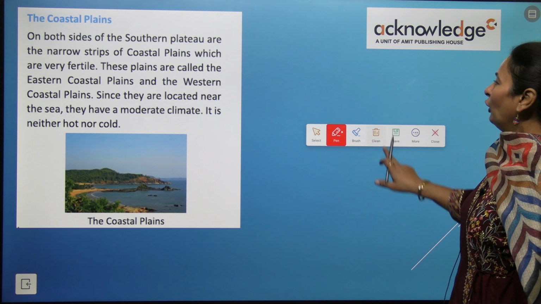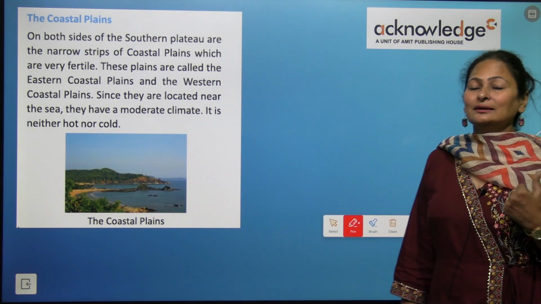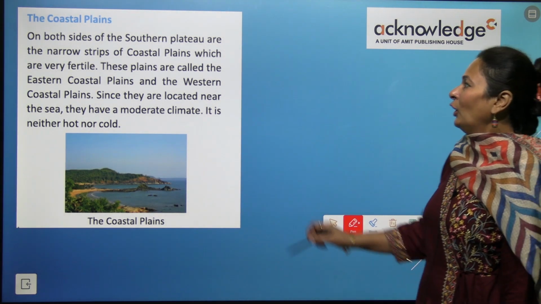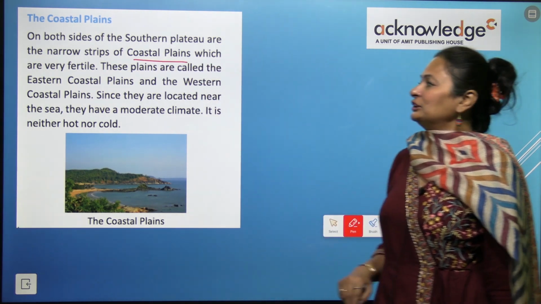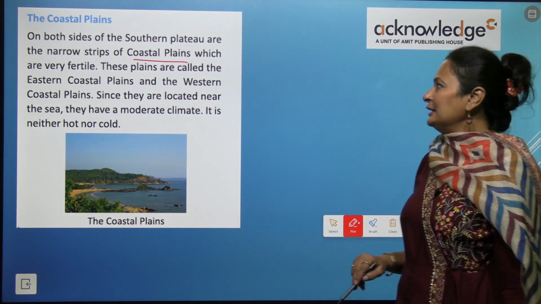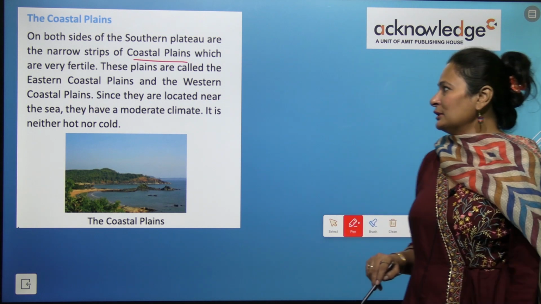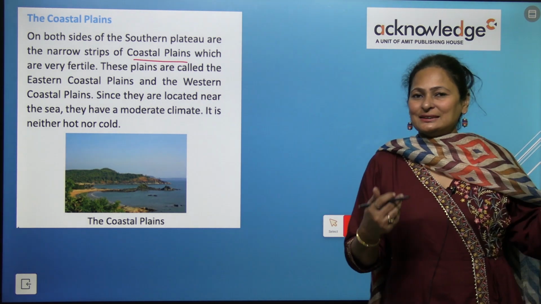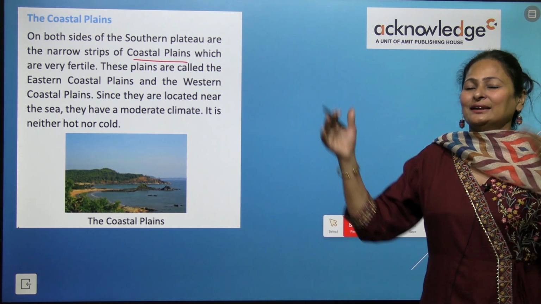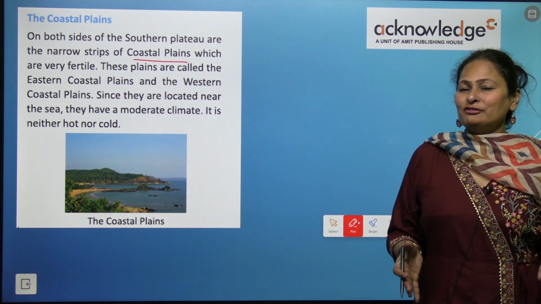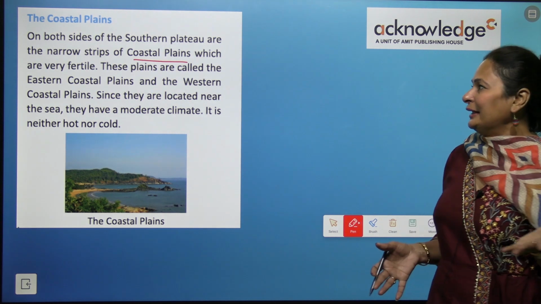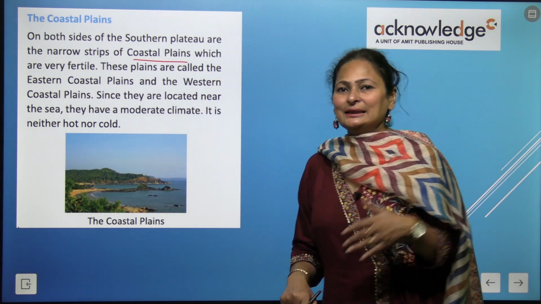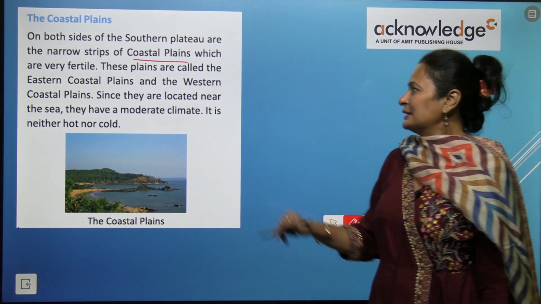On both sides of southern plateau are narrow strips of coastal plains which are very fertile. These plains are called Eastern Coastal Plains and Western Coastal Plains, as we have discussed the Eastern Ghats and Western Ghats. So there is a narrow strip of land which is called Eastern Coastal Plains and Western Coastal Plains.